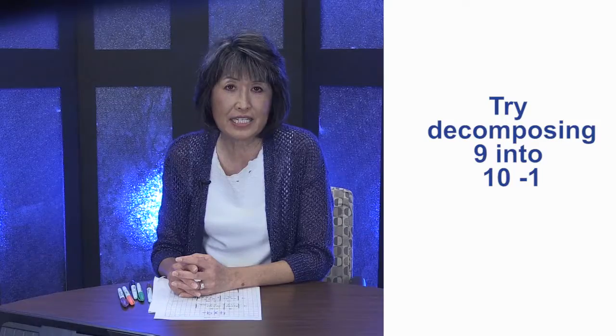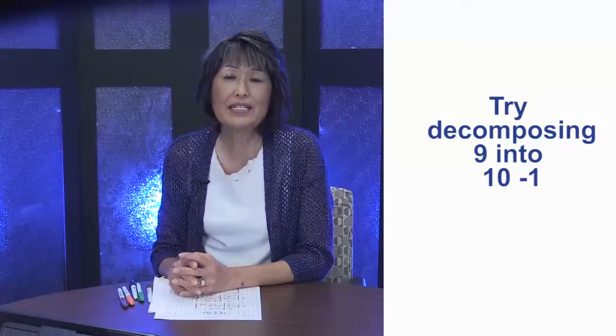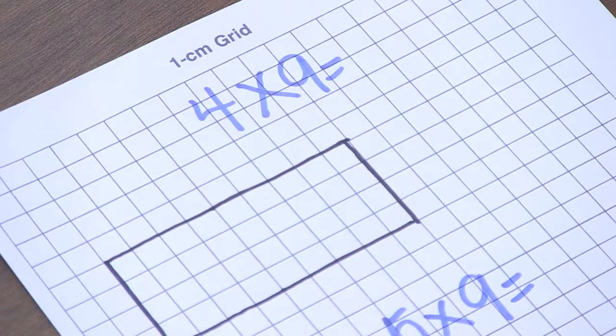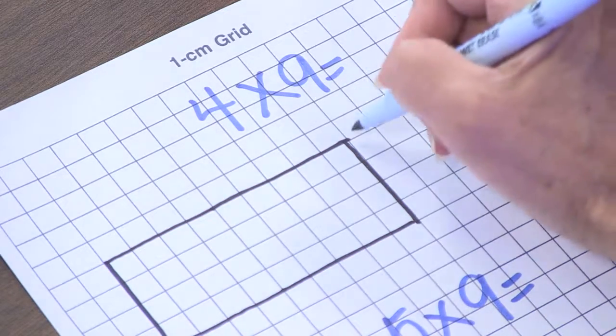Another strategy that is most efficient, but the students may not have thought of, is to decompose 9 into 10 minus 1. The reason this is the most efficient is students are likely fluent and comfortable with times 10 facts. To help visualize this strategy, let's add another row to our 4 times 9 array.